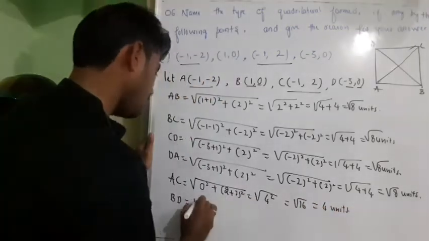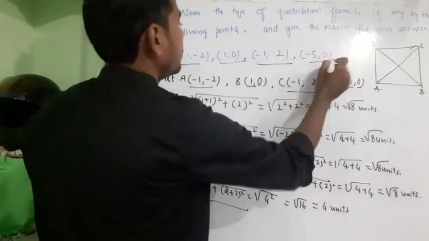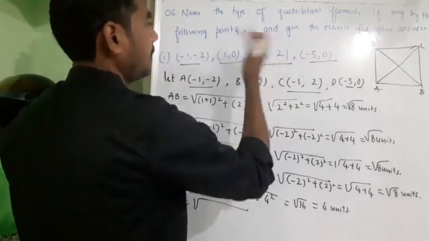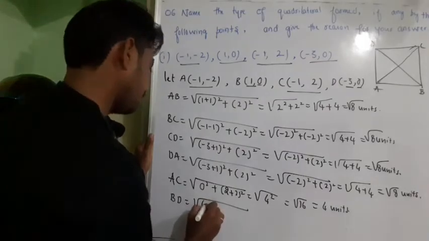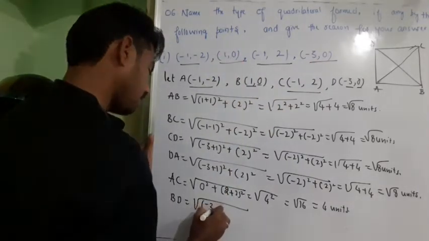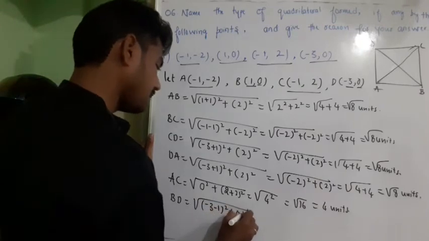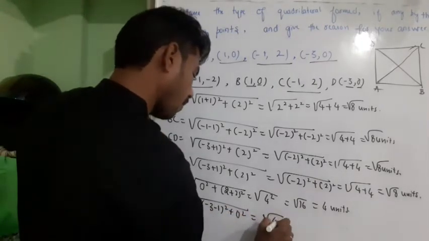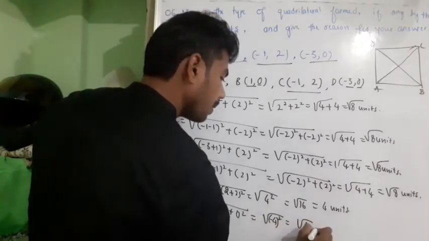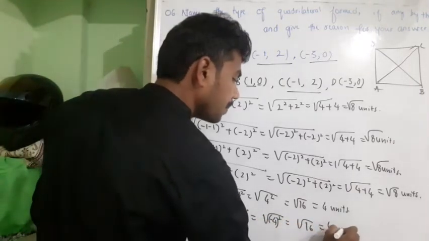Next, BD: minus 3 minus 1 plus 0 square, which is minus 4 square, which is equal to root 16, which is equal to 4 units.